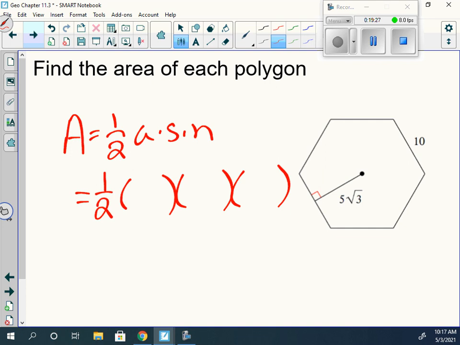Okay, so our apothem would be what? 5 square root of 3. Our side length. The number of sides.